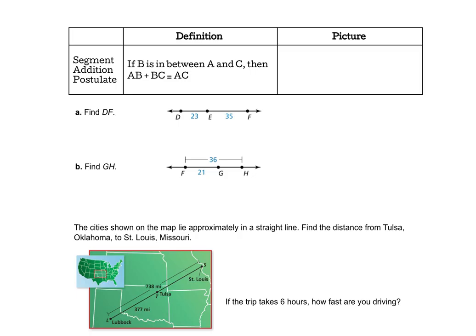So I'm going to draw a picture here. The way that I'm going to write this is AB plus BC equals AC.